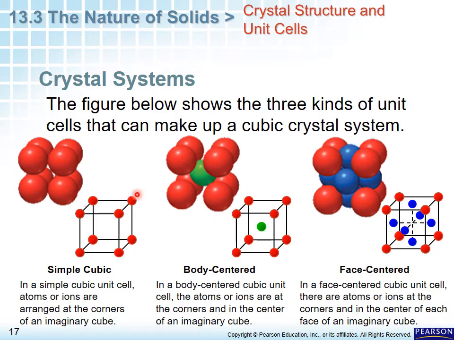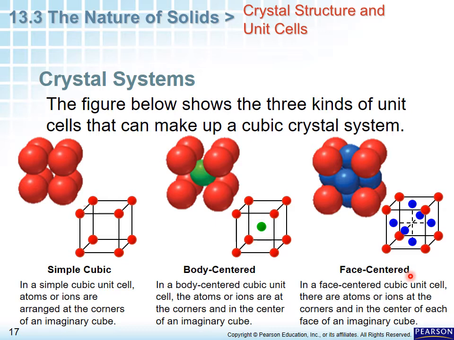So see, all our ions or atoms are arranged in the corners. But body centered: in the body centered cubic unit cell, the atoms or ions are at the corners and in the center of the imaginary cube. Okay, so you can see all the corners and then there is one inside.